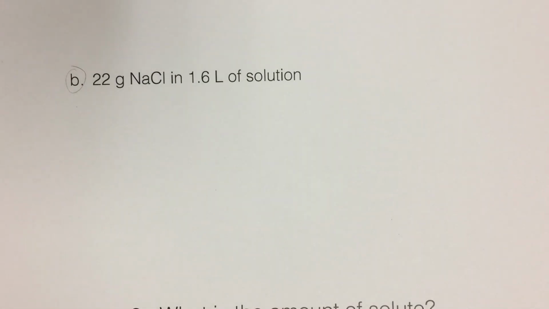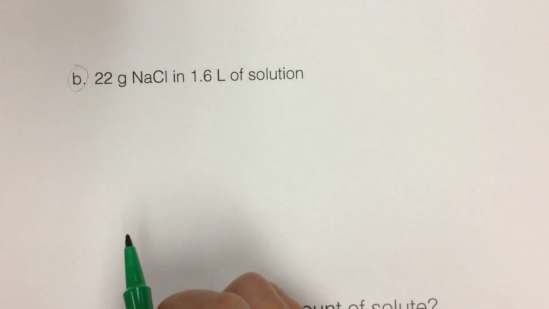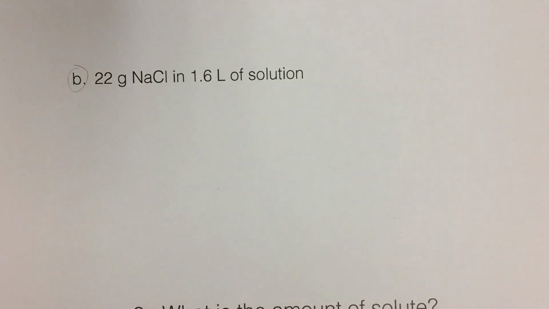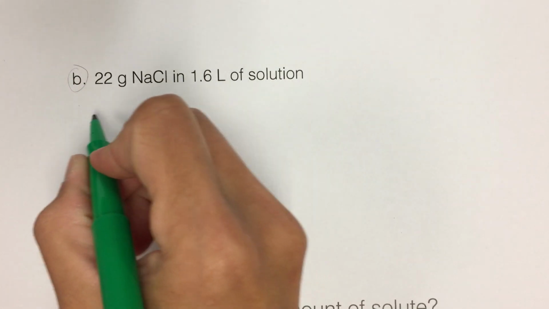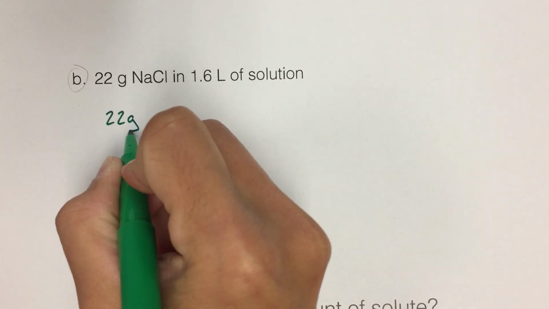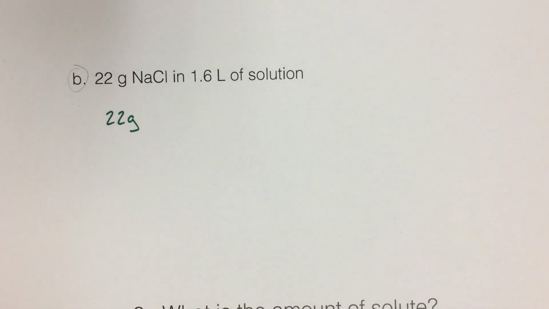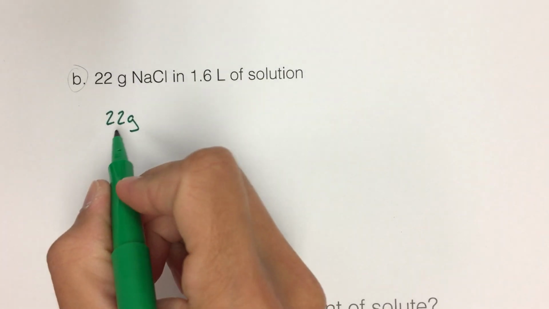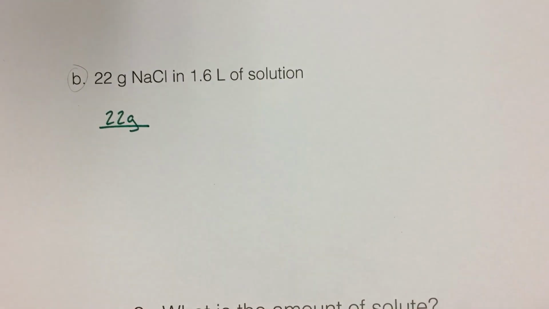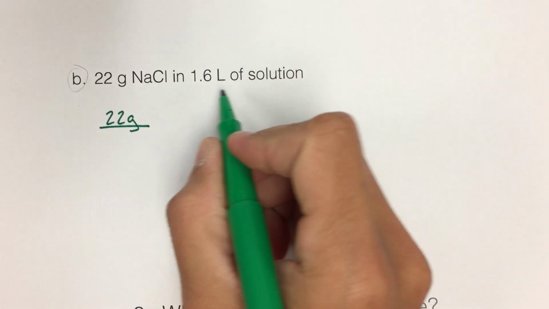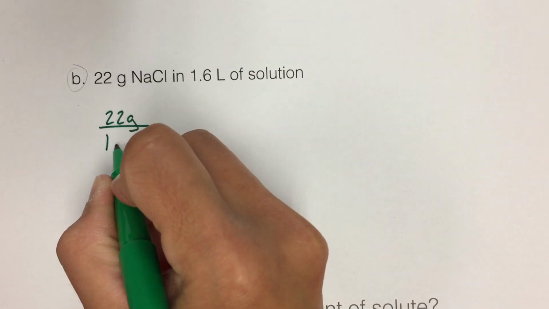So we don't have moles here, but we have grams, and that's really similar to moles, and we know how to convert that. So we can start with that 22 grams of NaCl on the top, and on the bottom we need the volume, and we actually have 1.6 liters, so we can do that.